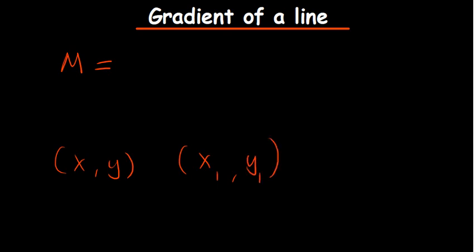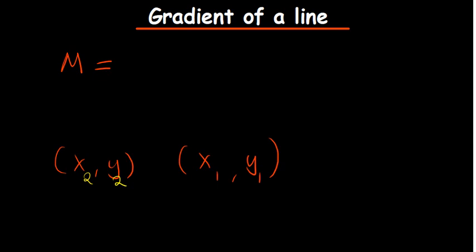In mathematics, we denote the gradient by m. Under coordinate geometry, you're given 2 points, x1, y1 and another coordinate, x2, y2.